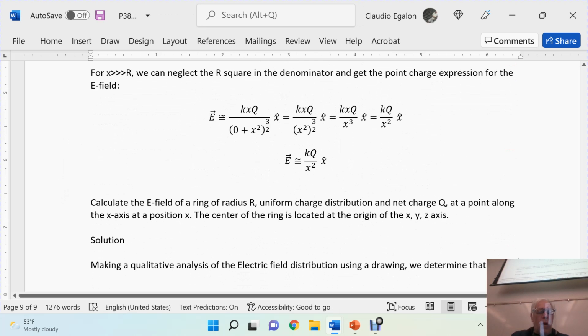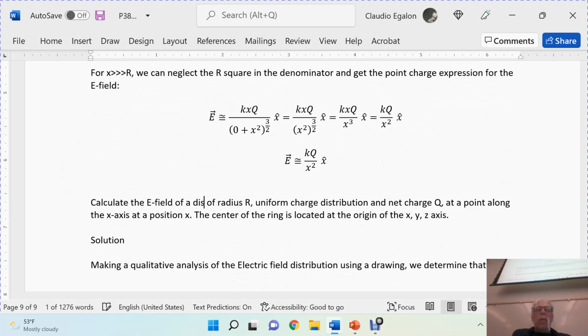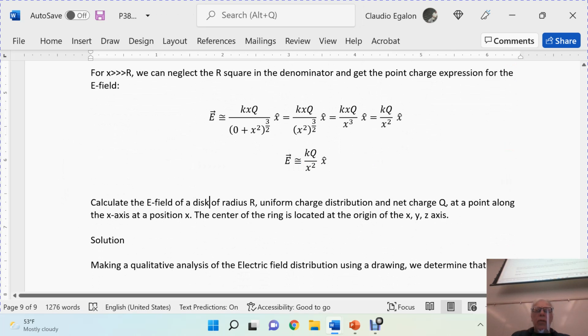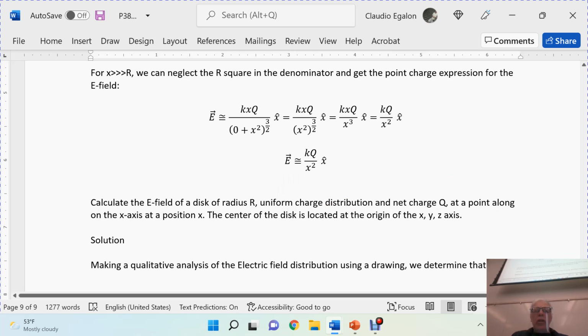The E field of a disk of radius r, uniform charge distribution, and net charge q at a point on the x-axis at position x. The center of the disk is located at the origin of the XYZ axes. Okay?